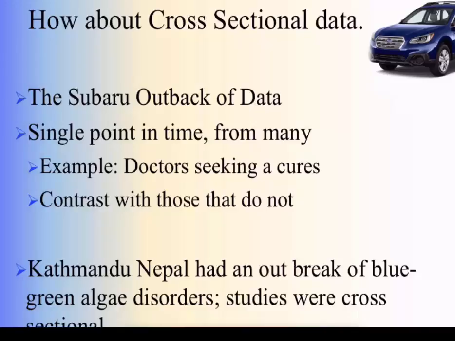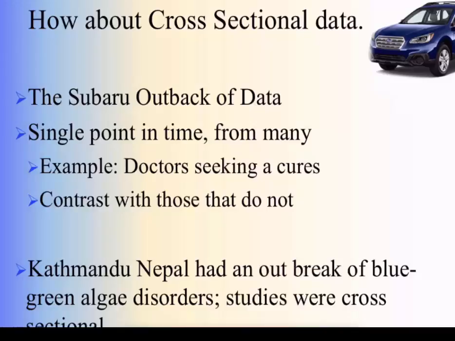With cross-sectional data, we have a single point in time where we collect the same data from a whole bunch of people. We do this lots of times in the social sciences because we can sample a whole bunch of people at one time.